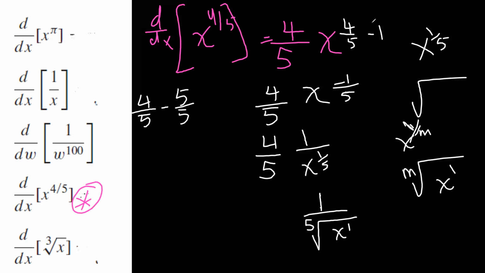So here it will be 1 over the fifth root of x to the power 1. And here I will write 4 over 5 as 4 here and 5 down. So the answer is 4 over 5, the fifth root of x.